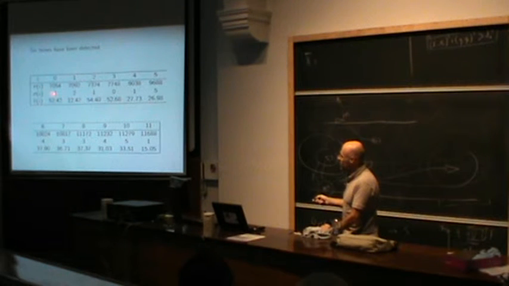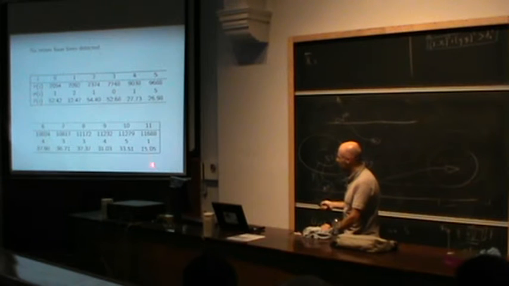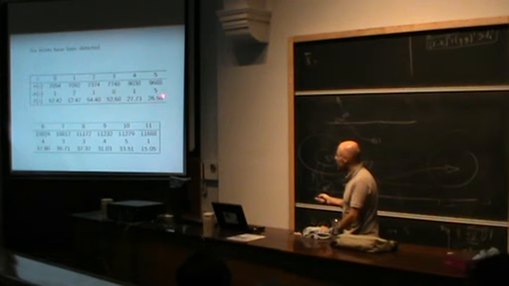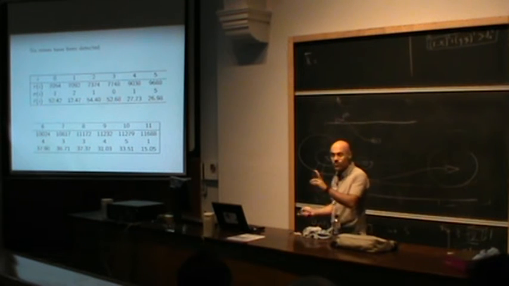So the mine number 1 has been detected here. It was at this time, and the distance to the robot was this. I have detected again the mine number 1 here, and here, and here. I have detected the mine number 0 only once, so it will not help me for SLAM, and so on. The mine number 3 has been detected here and here, only twice.